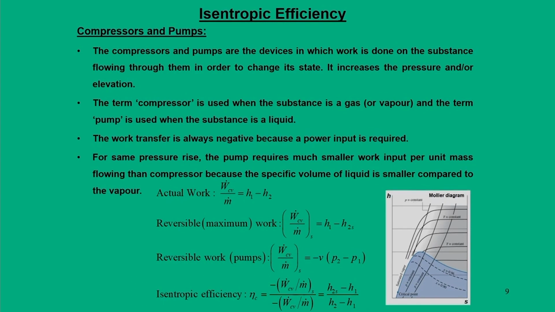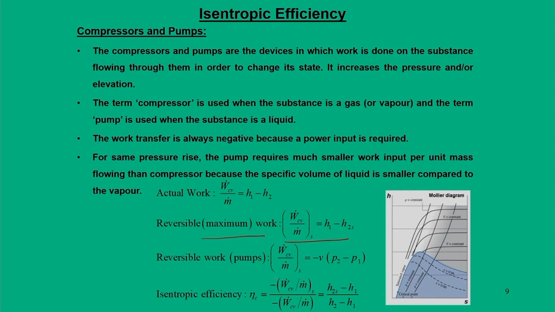The analysis is almost the same as you did for the turbines, but the very basic difference that we have here is that the isentropic work, which is the minimum work, will be less. If the process is isentropic, the pump will consume less work.